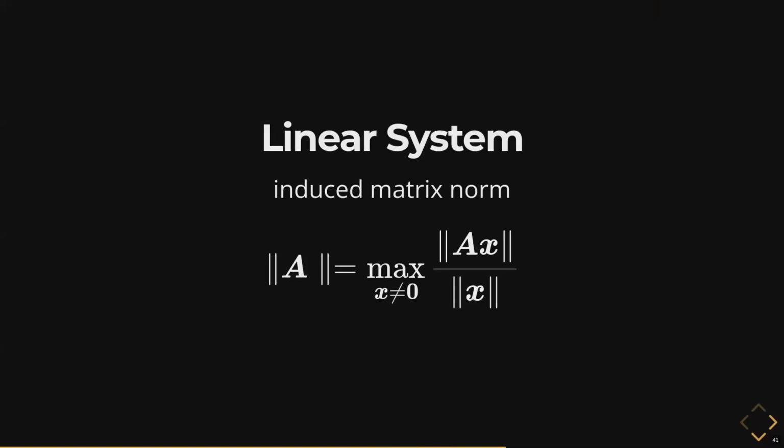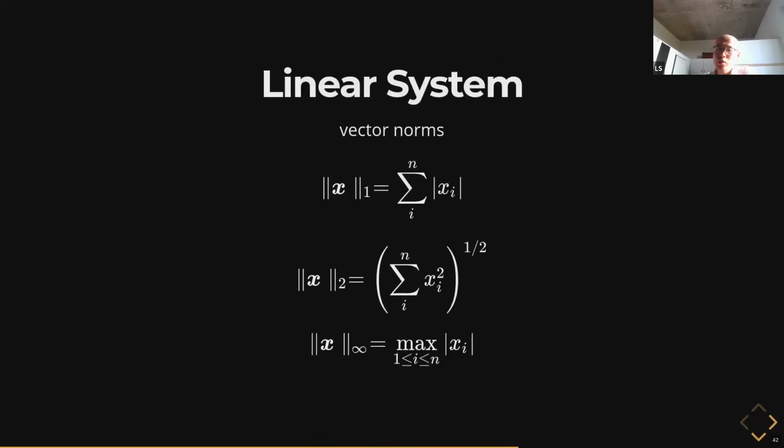I hope vector norms are something people feel comfortable with. In case not, I'll just remind you there are three commonly used vector norms: the L1 norm, the L2 norm, and the infinity norm. The definitions are listed here. The L1 norm is nothing else but the summation of absolute values.